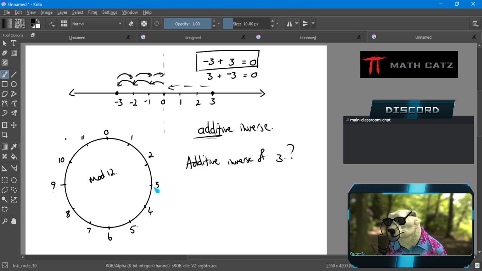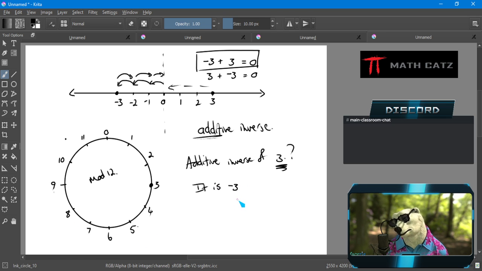If I'm at 3, because that's the given number, how do I get back to 0? Yes, you could still say, oh, additive inverse, -3. Yeah, it's -3. Sorry, that looks like a 3 as well. The answer is certainly -3. However, that's not one of the numbers, mod 12. So that's not a very good answer.